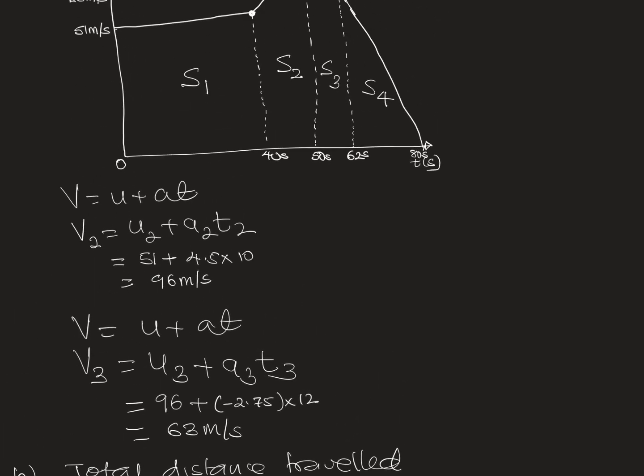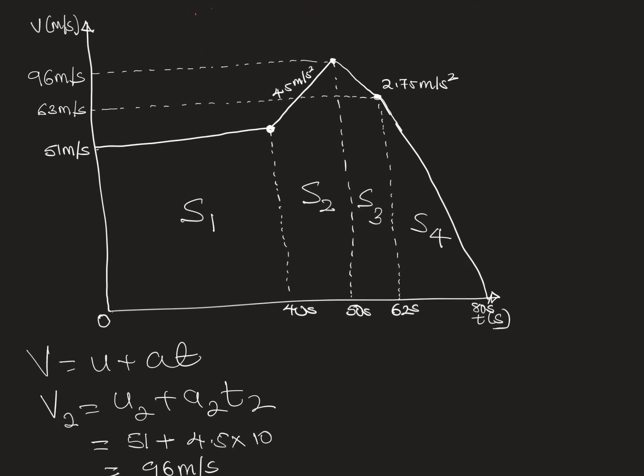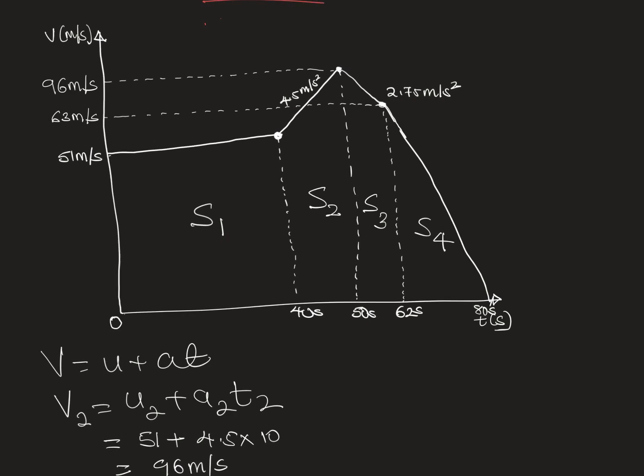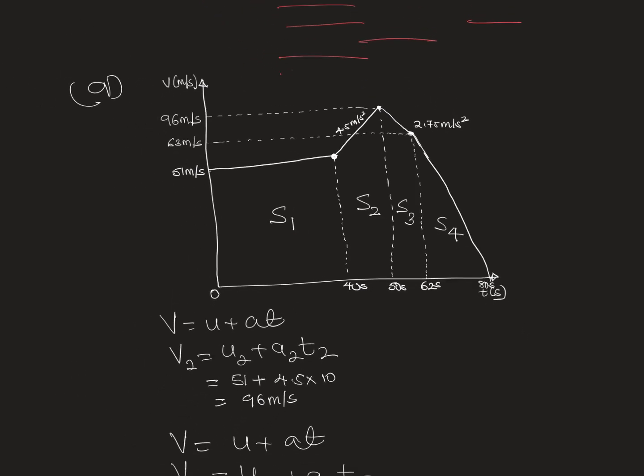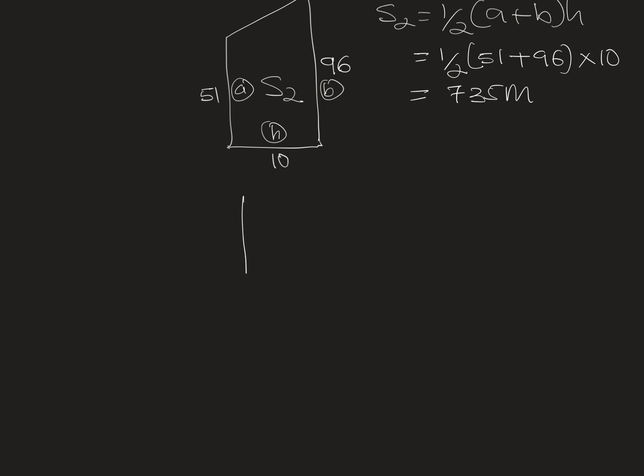Let's go and continue and analyze S3. We have 96 and 63 and 12. S3, the shape looks like this. We have 96, we have 63, and then we have 12. That's S3.